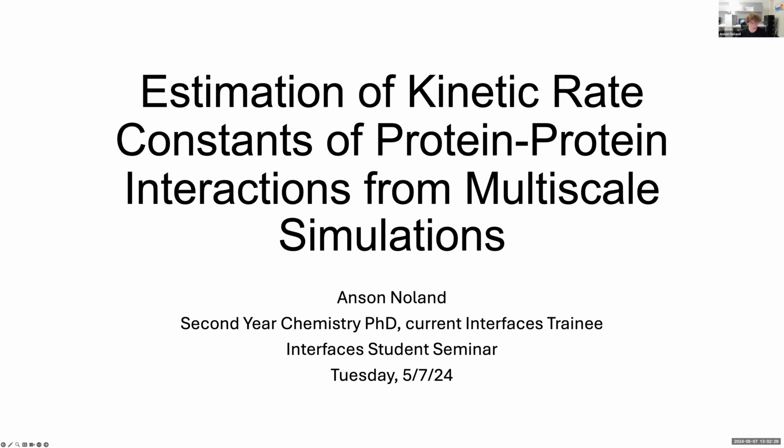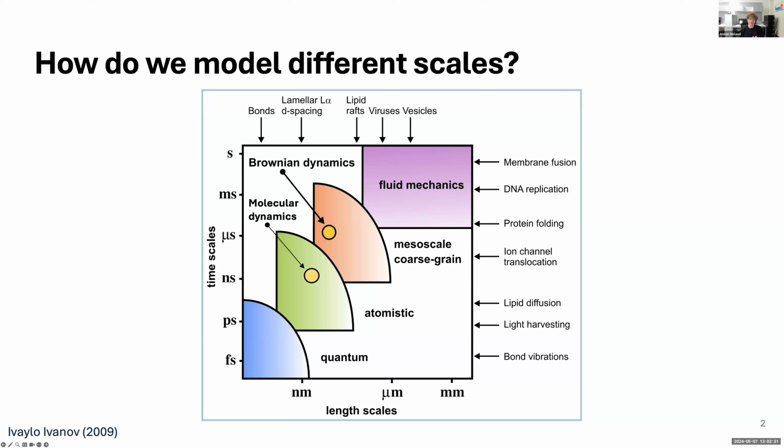So to start, the question that motivates our work in simulations is how we model different scales. Obviously, biological processes span many orders of magnitude, both in time and length, right?